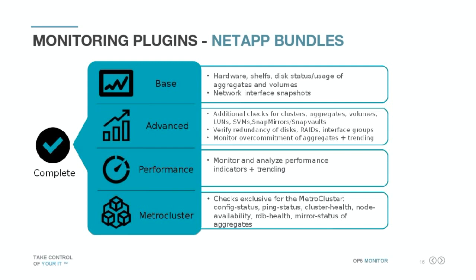Then you have an advanced bundle, which has more checks, about 30 at the moment. And you have a performance bundle, which concentrates on the most important key performance indicators to collect the data, with about 14 checks. I do recommend the complete bundle, because then you get all the important data, collect it, and then just select what to choose on the graphs.